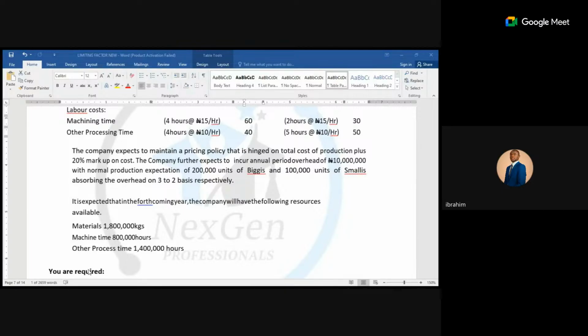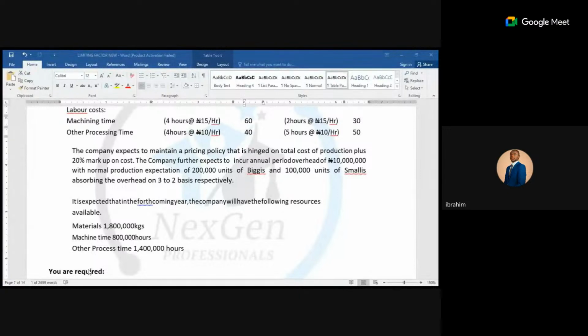You can do it directly and say 20% of the total cost of production gives you profits. Profits plus the total cost give you the selling price, and that is the pricing. And what makes up the total cost of production? The direct material and the indirect, the fixed overhead.